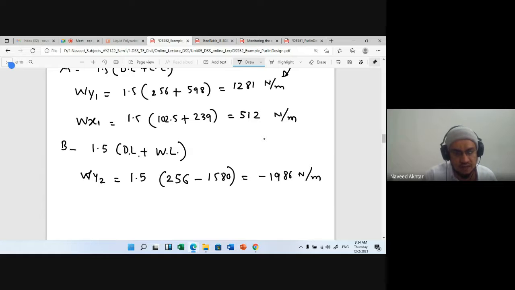Similarly, for the x direction, that is horizontal direction, WX2, 1.5 times of dead load is 102.5, minus, there is no horizontal component in case of wind load, minus 0, it is positive 154 Newton per meter.